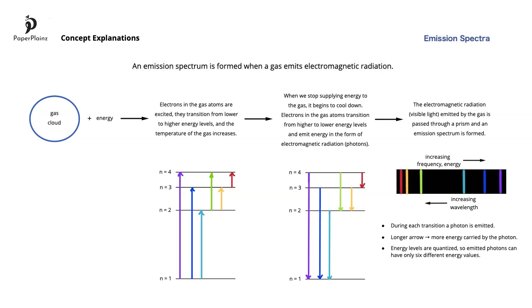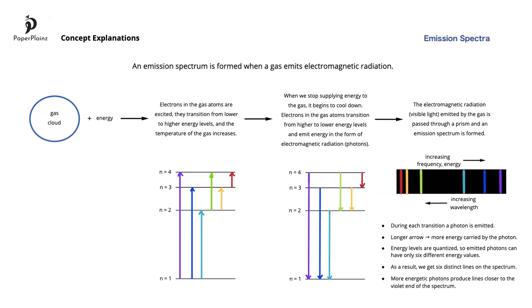These 6 different energy values correspond to 6 different frequencies, hence 6 different colors. This is the reason why we get 6 distinct lines on the screen instead of getting the entire continuous spectrum. Logically, photons that carry more energy will produce lines closer to the violet end of the spectrum. So as you can see, the longest arrow corresponds to the violet line, and the shortest one corresponds to the red line.